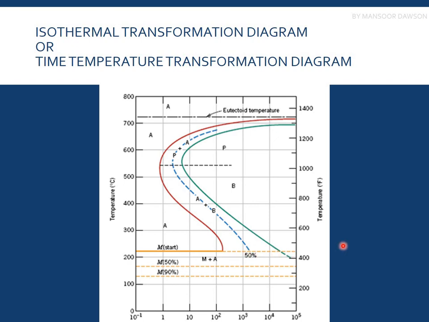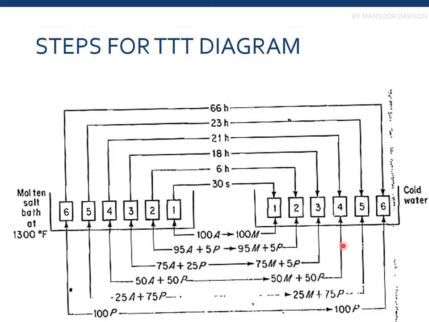So how is this diagram being made? What we do is we do some practicals. Okay, we have certain compositions in which 100% austenite is converting into 100% martensite. Then 95% austenite and 5% pearlite is converting into 95% martensite and 5% pearlite.